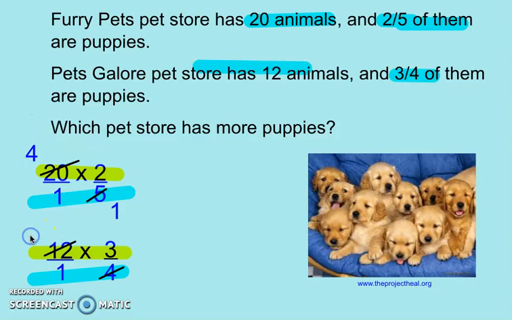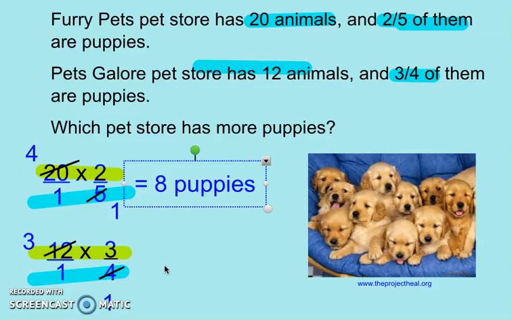And how about over here? What goes into 12 and 4? 4 does. 4 goes into 12 3 times, and 4 goes into 4 1 time. Now I can multiply straight across. 4 times 2 is 8, and 1 times 1 is 1. So I'm just going to leave it there. They have 8 puppies.